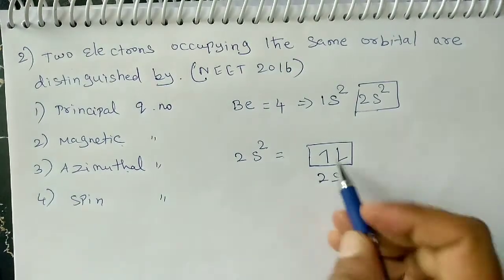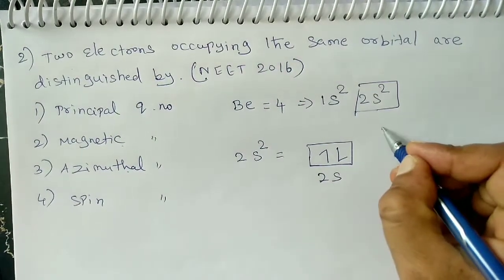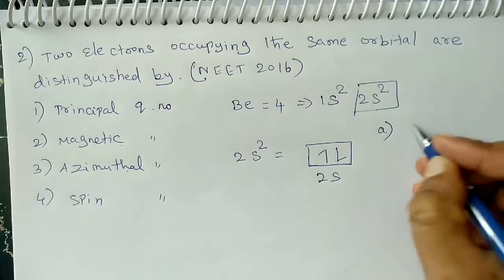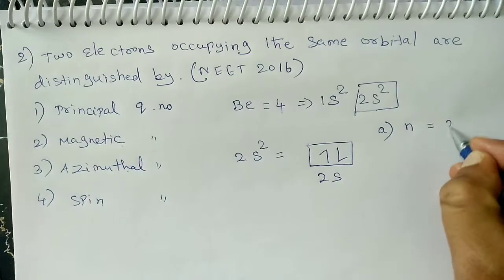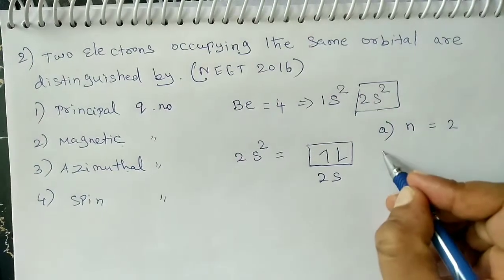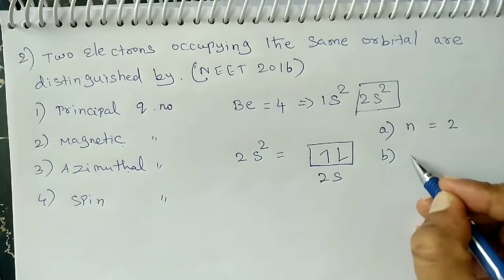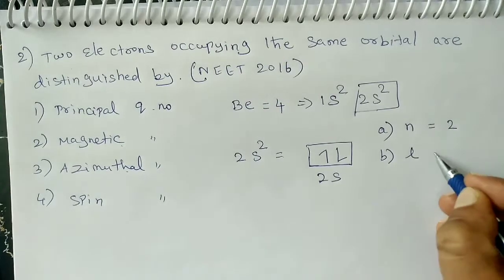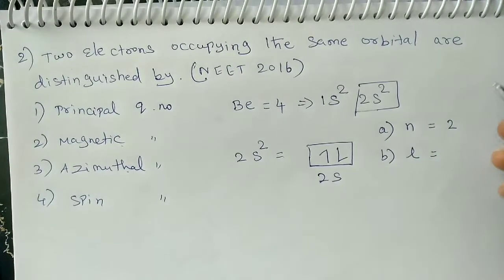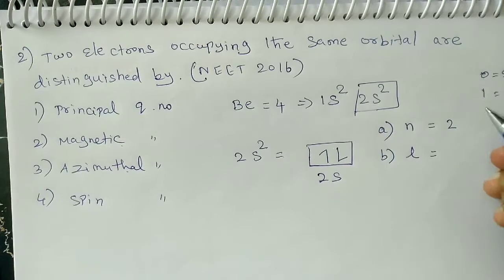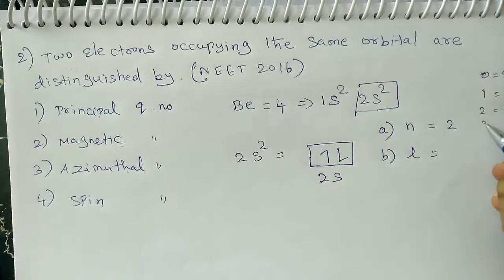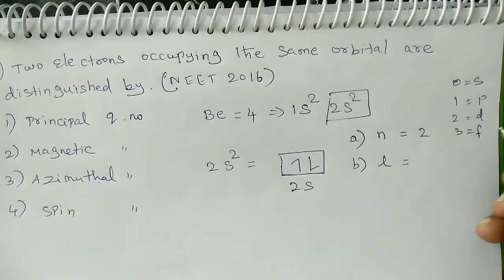For this 2s orbital, first see the principal quantum number, small n. The principal quantum number value is 2. Next one, the azimuthal quantum number, small l. For the azimuthal quantum number, we know that 0 is s, 1 is p, 2 is d, 3 is f.